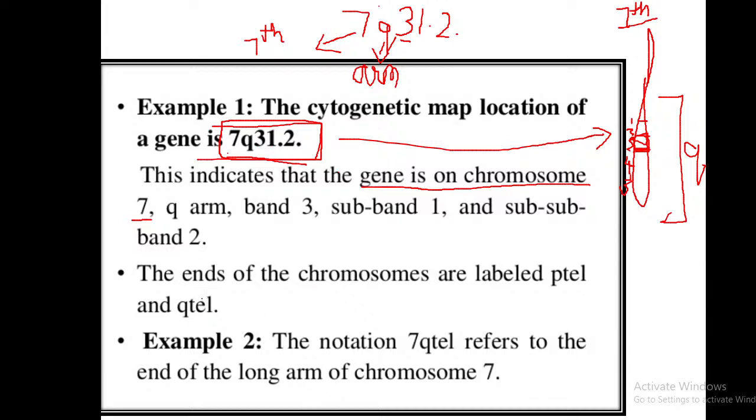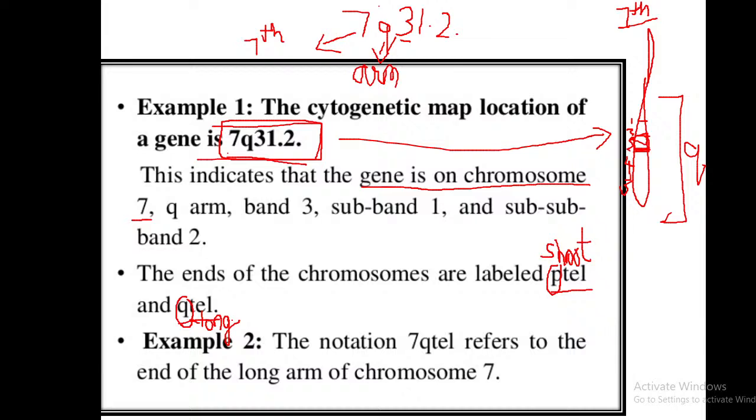The next important thing to remember is that the ends of the chromosome are labeled PTEL and QTEL. P means short and Q means long arm.